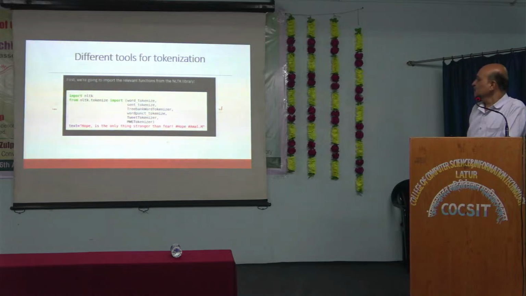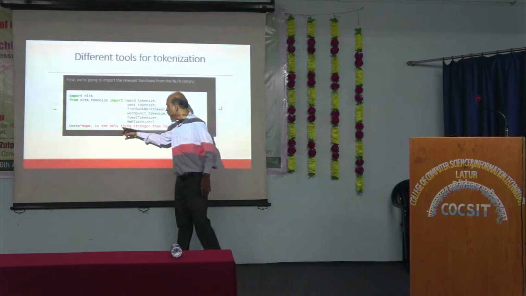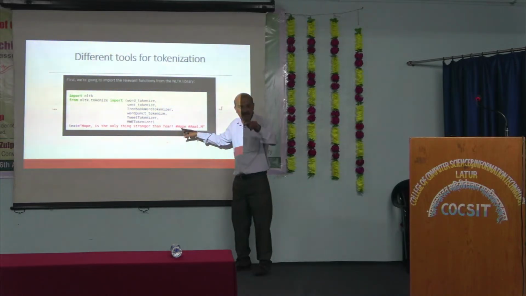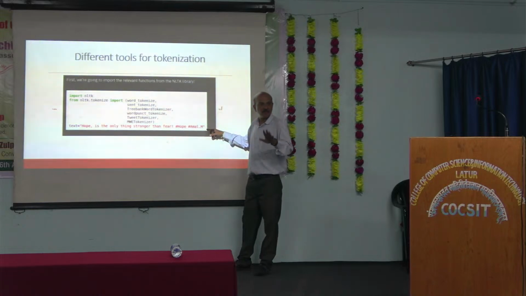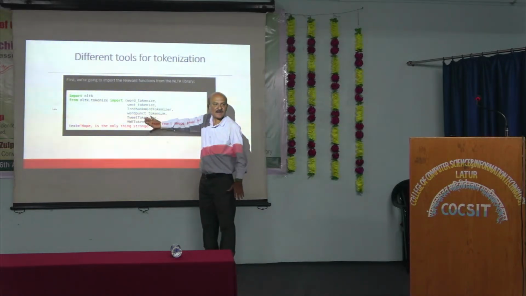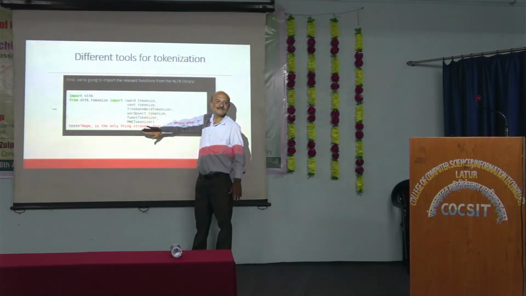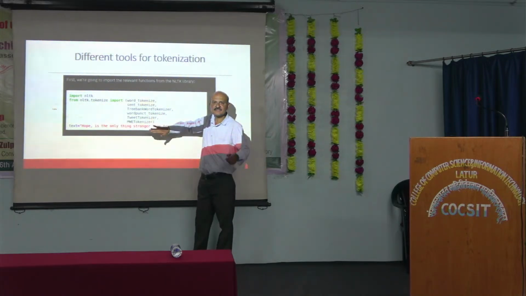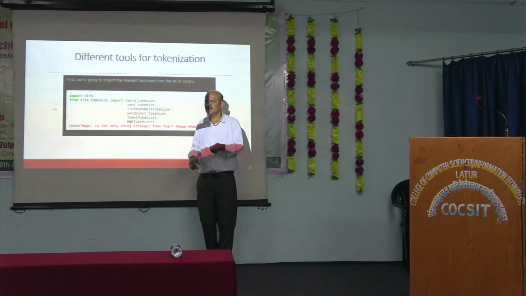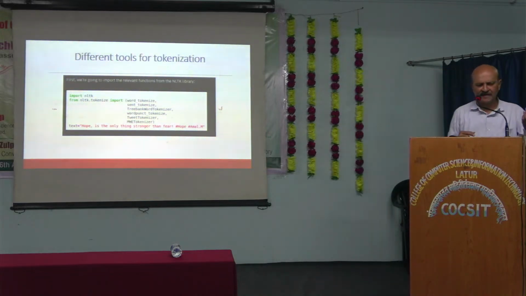Now, what is the input text here? "O, is the only thing stronger than fear!" with hashtags, and it is closing here with double quotes. From this library you can use these many tokenizers: word, sentence, punctuation, and emoji. Emoji is like when someone sends us a message on WhatsApp and you send them a thumbs-up symbol.